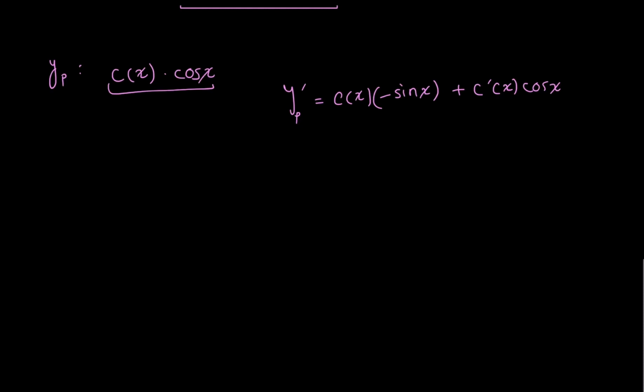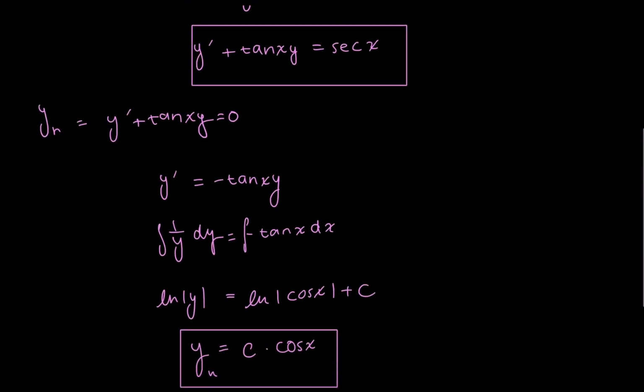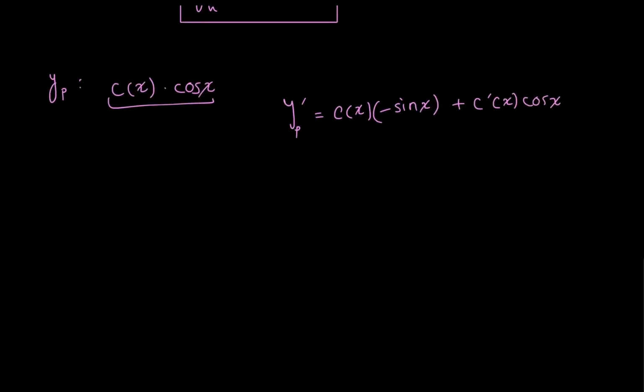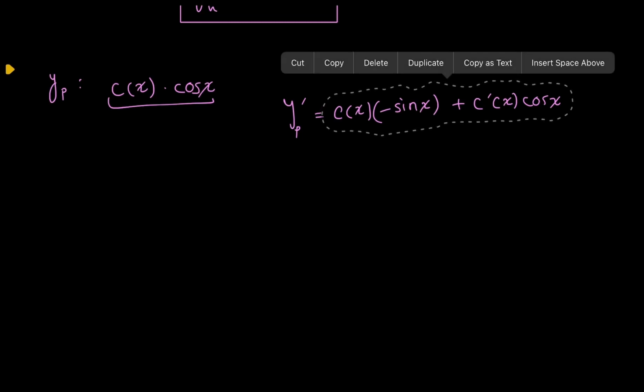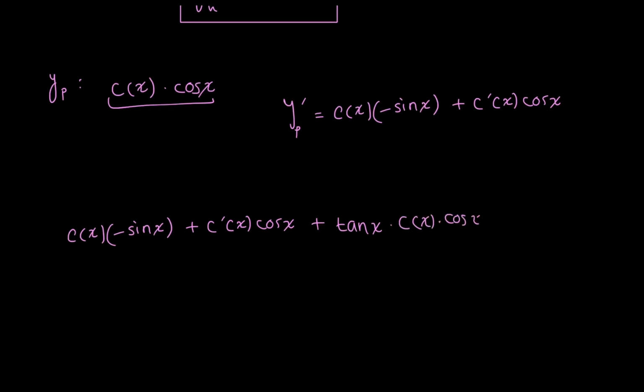Now plugging everything into my differential equation, let me scroll up to remind myself what it is. It's y prime plus tan x y is equal to secant x. So my yp prime plus tan x times my particular solution, c of x cosine x, all equal to secant x.